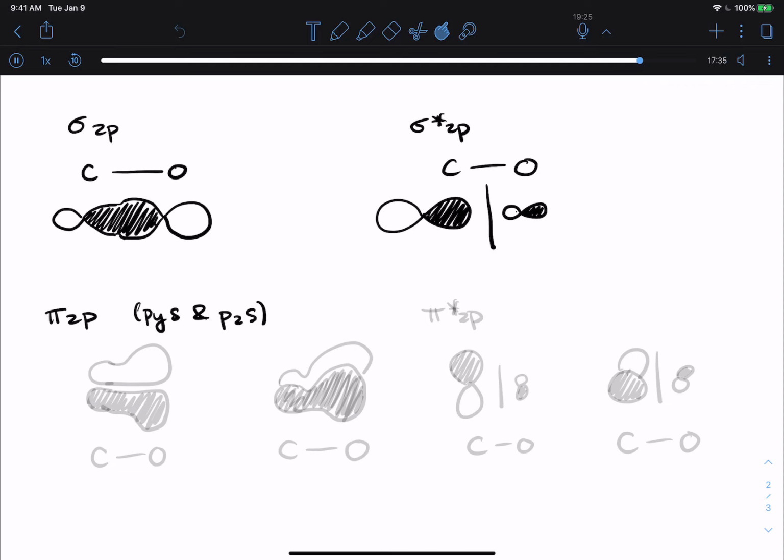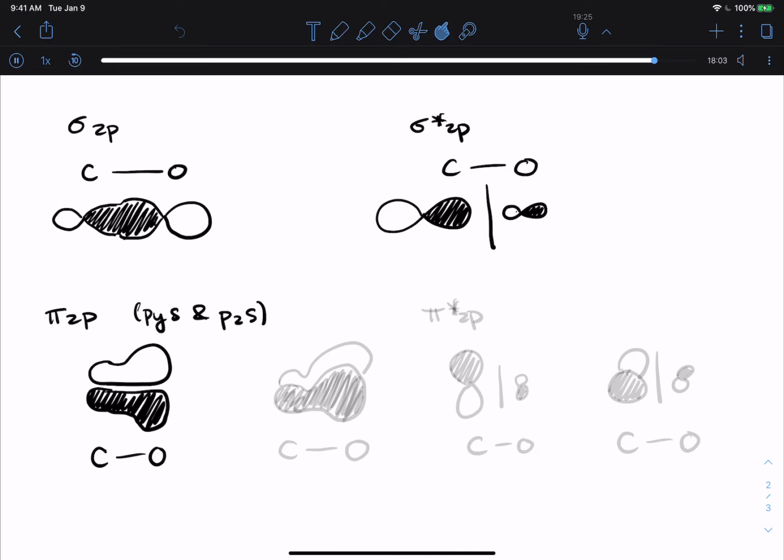So the one from the set of py's, right, I had it was like a blobby on top. It needs to be bigger on the oxygen side in both of the lobes, because this was like two p orbitals coming together side by side, and I need to label this with atoms. So carbon is on the left, oxygen on the right.